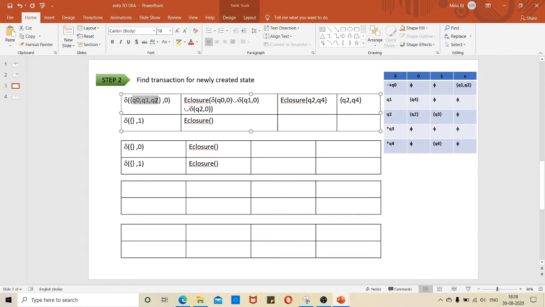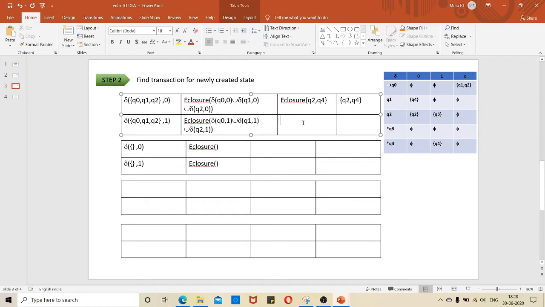In the same way, we need to find, for this new set Q0, Q1, Q2, what happens if input 1 comes. Same union concept, where instead of 0 we will find it for 1 with respect to Q0, Q1 and Q2. When the input is 1, it goes simply to Q3.